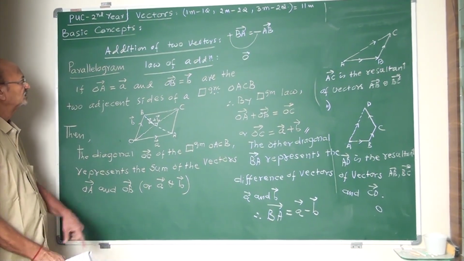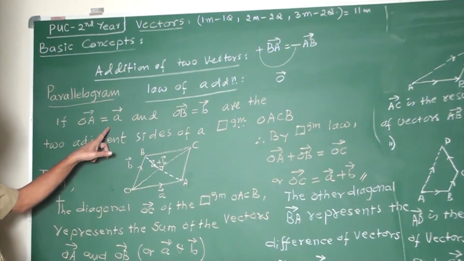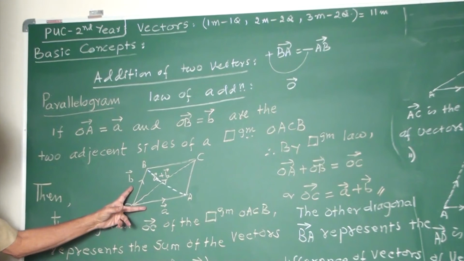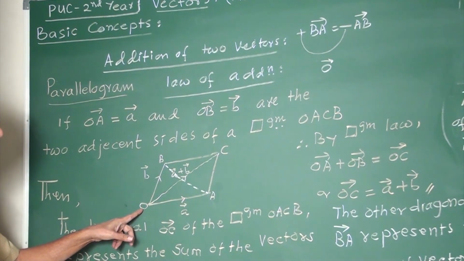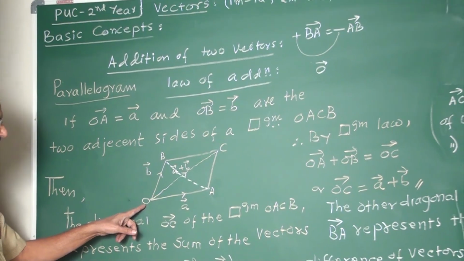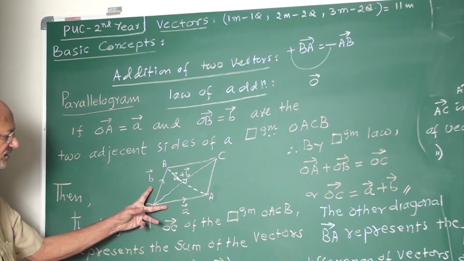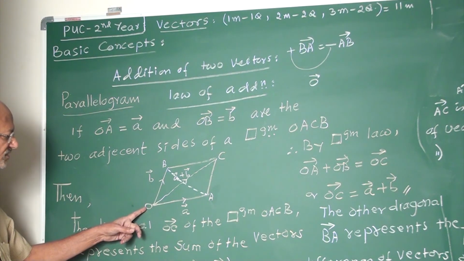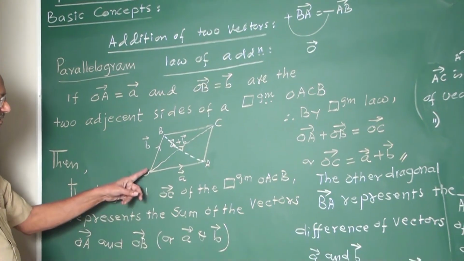Yes, friends. What is parallelogram law? If OA and OB are the two adjacent sides of a parallelogram OACB, then the diagonal OC, whose initial point is same as initial point of vectors A and B, yes, co-initial vectors, represents what?